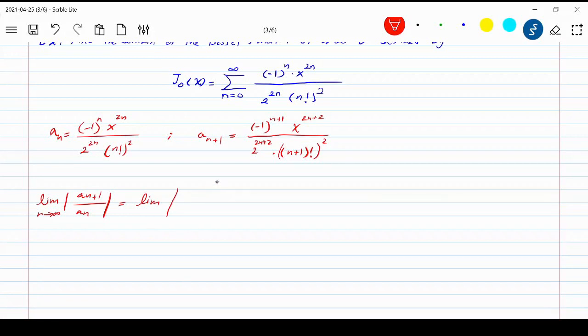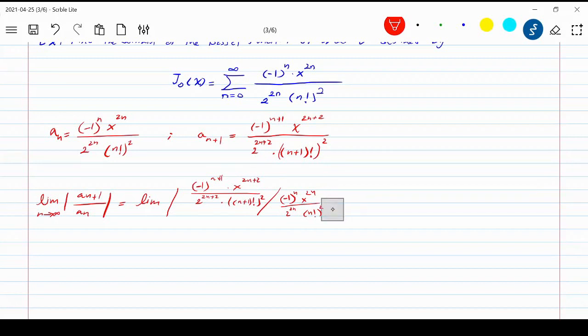What is a_{n+1} over a_n? It is negative 1 to the power n plus 1 times x to the power 2n plus 2, divided by 2 to the power 2n plus 2 times n plus 1 factorial squared, and all divided by negative 1 to the n, x to the 2n, over 2 to the 2n, n factorial squared.